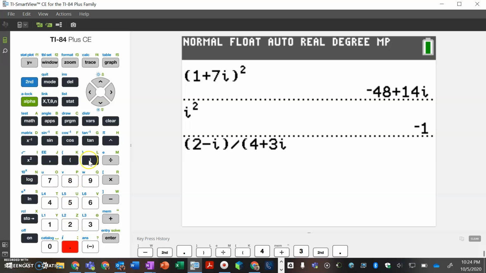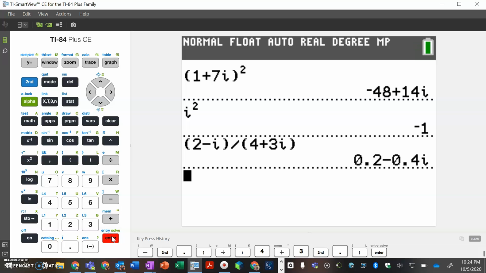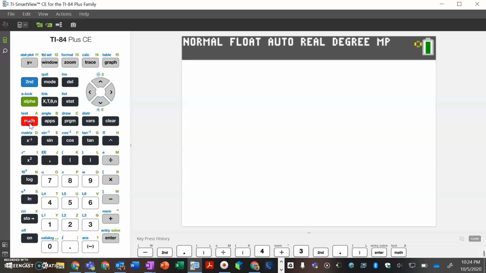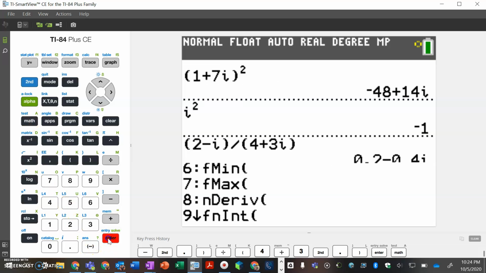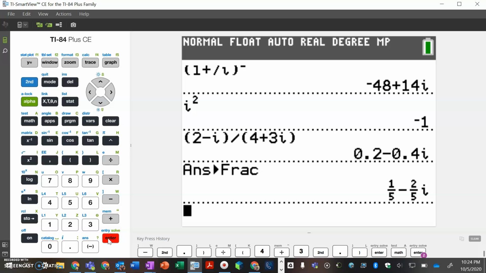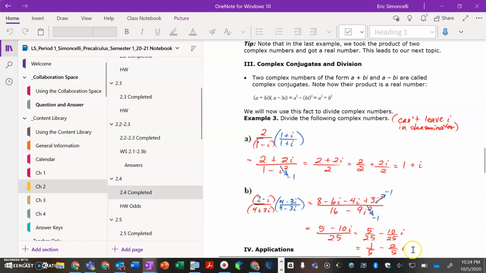Let's double check. The calculator does yield a final answer of a decimal 0.2 minus 0.4i, or if you prefer, use the math button to convert decimal to fraction. There it is, 1/5 minus 2/5 i. So your graphing calculator does have the ability to prove out, so to speak, what you've already done.